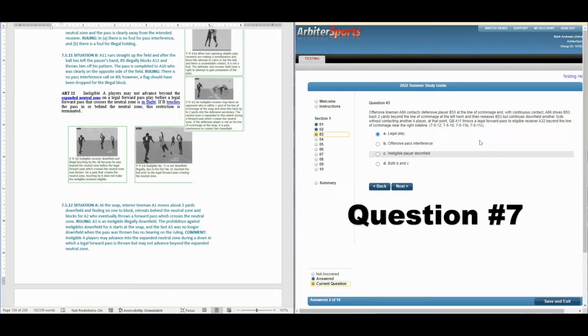Technically, it doesn't matter where the contact is on the field, but philosophically, if an offensive lineman is contacting a player on the left side of the field, say 5-10 yards downfield, and the ball's thrown to the right side, we don't want offensive pass interference called. We want the ineligible player downfield call. But technically, it's still OPI, but we don't want to throw that flag. We want to throw the ineligible player downfield. So the answer to question number 3 is C.